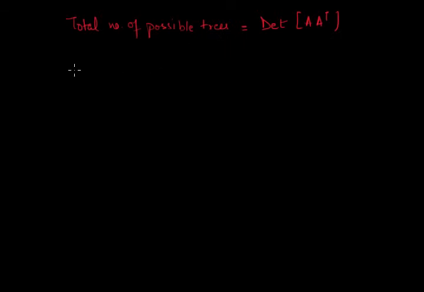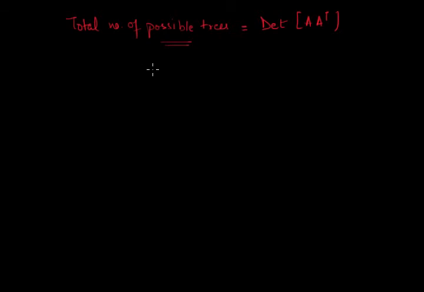But we can calculate it in an easy way, though there are some conditions attached. We can calculate the number of possible trees by a simple formula, rather simpler than the determinant of combined matrices.